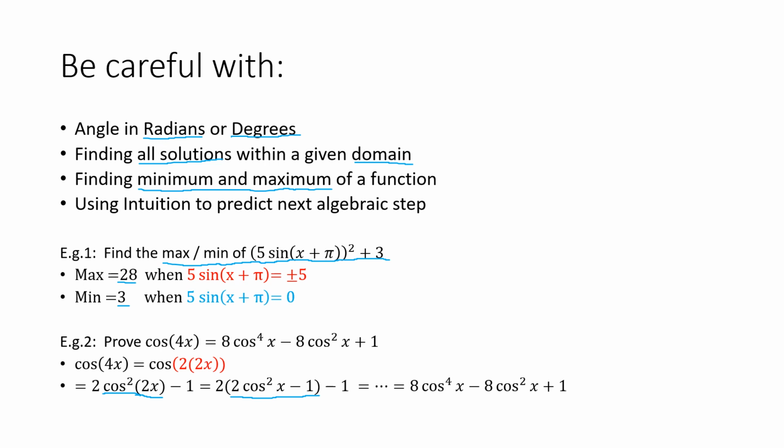Now the algebra is a bit annoying, but if you check the algebra on your end, you will see that you end up with what we wanted. And again, let's remind ourselves, the reason why we chose this version of cos 2x is because we wanted everything in terms of cos.